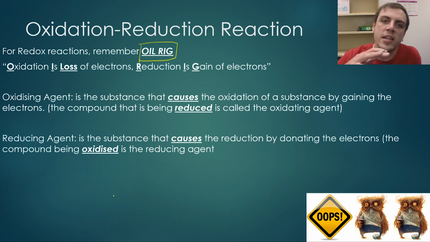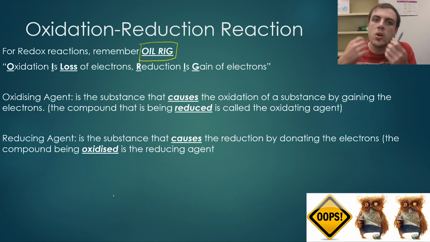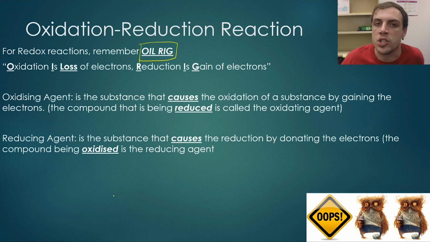Whereas if you've got something that is being oxidized, you can also call that the reducing agent, because the compound that is being oxidized is donating those electrons and giving them to the compound that is being reduced. Which is why if something is being oxidized, it's also called the reducing agent because it's donating those electrons, allowing that compound to be reduced.